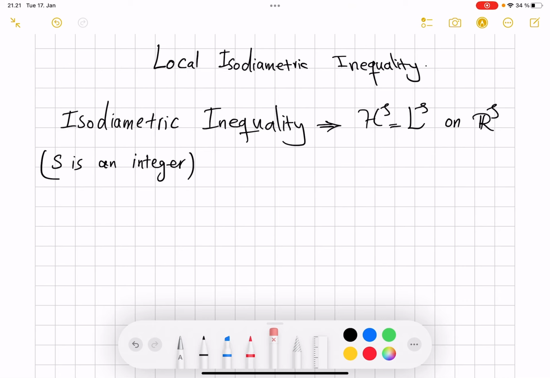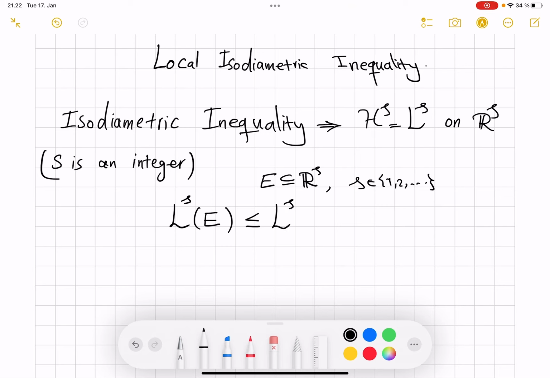Now, if you want to remember the precise statement of the inequality, just remember that iso means the same. So what the isodiametric inequality says is that among the sets with the same diameter, the ball has the largest measure. If we are looking at a set E sitting in R^s, where s here is an integer, then the Lebesgue measure of this set will be less than or equal to the Lebesgue measure of a ball, say centered at 0, of the same diameter.